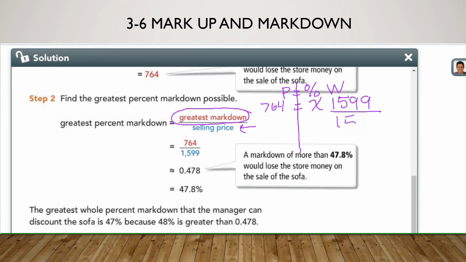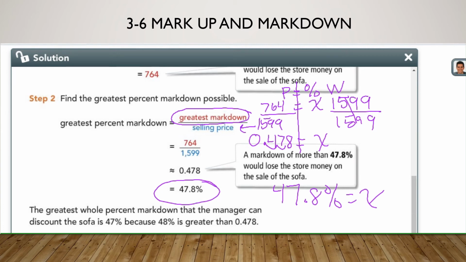Then you just isolate your variable by dividing 1,599 on both sides of the equal sign, and then we'll get a decimal of 0.478. And then you have to remember to change that to a percentage. Decimal, percent, multiply, or you move it to the right 2 times. So that's 47.8%.